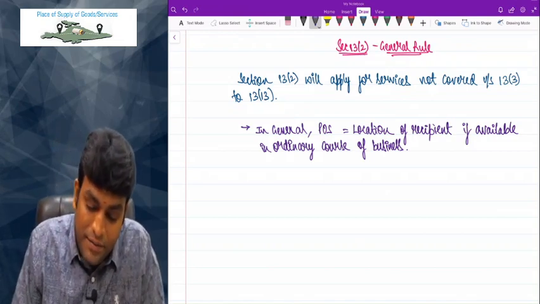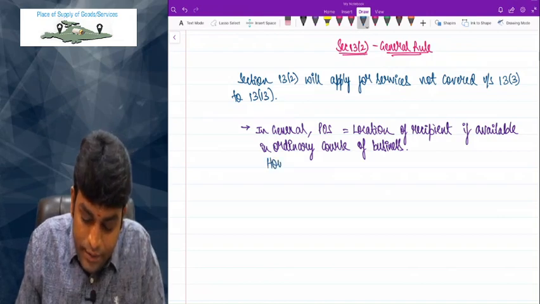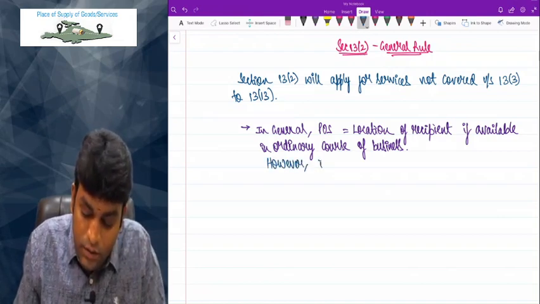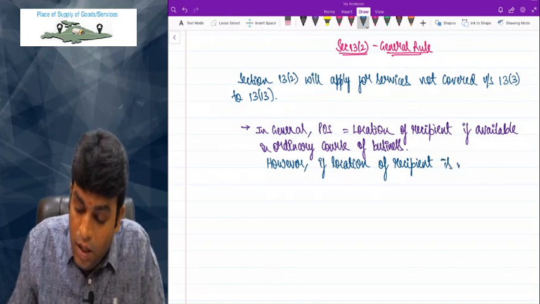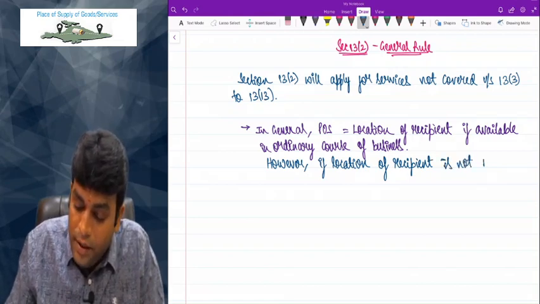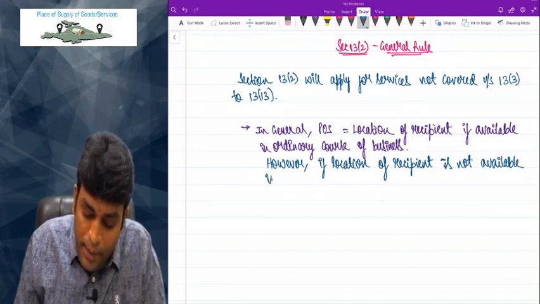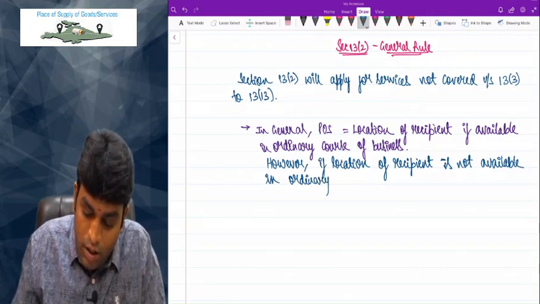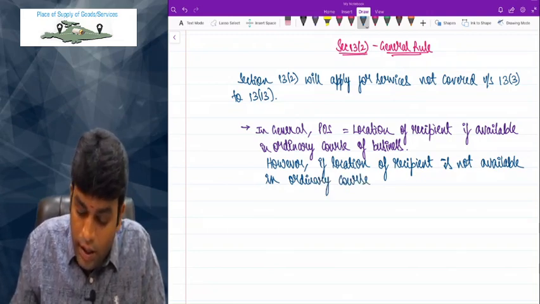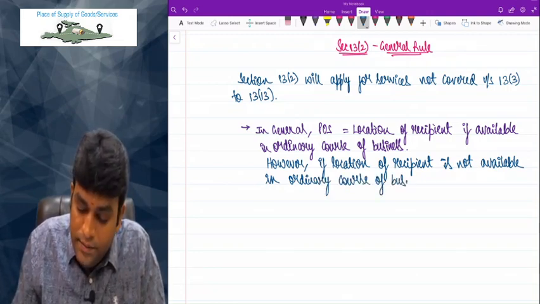Now see the next line. However, if location of recipient, come on my dear friends, please concentrate. If location of recipient is not available in ordinary course of business.